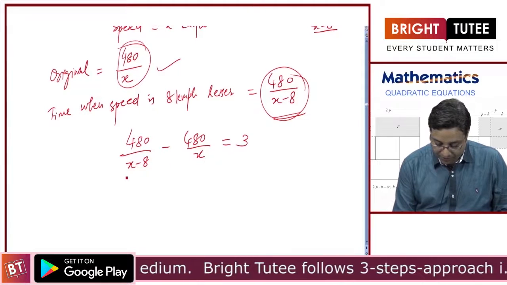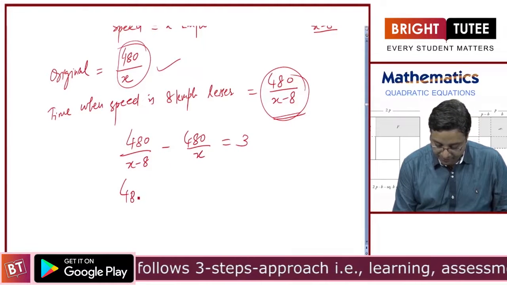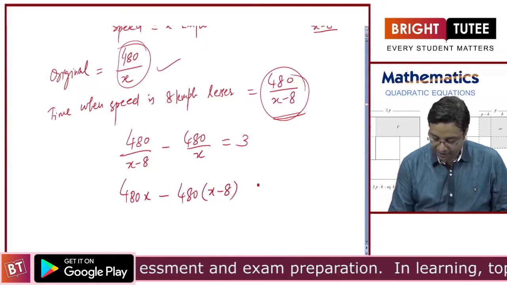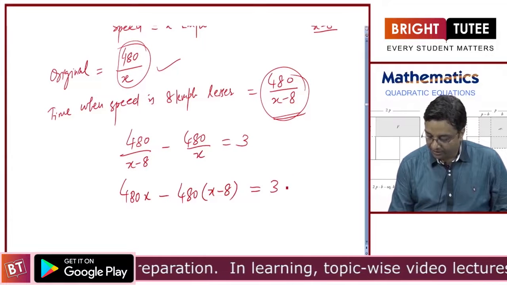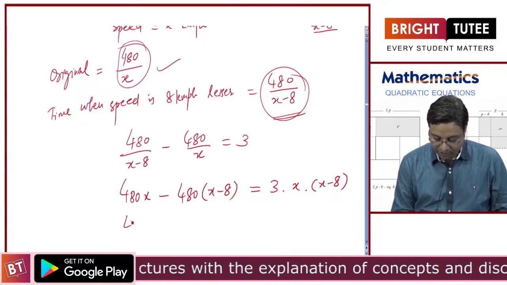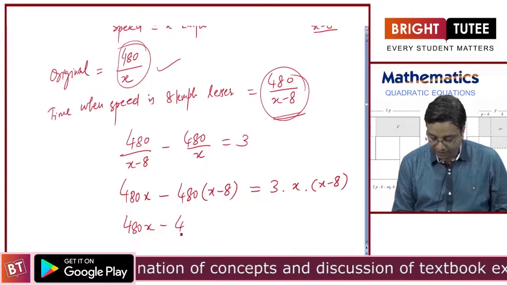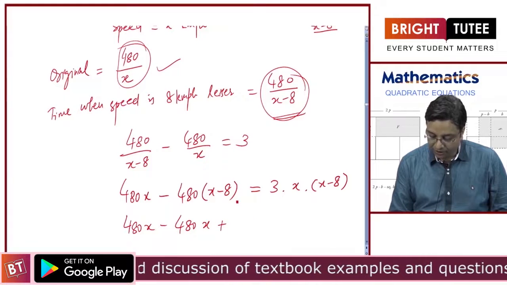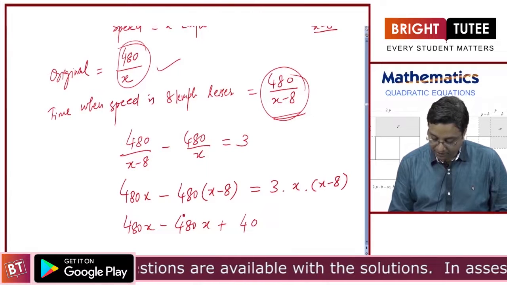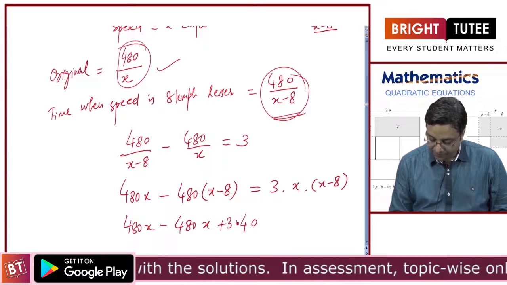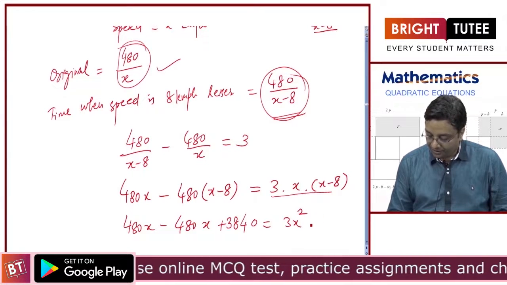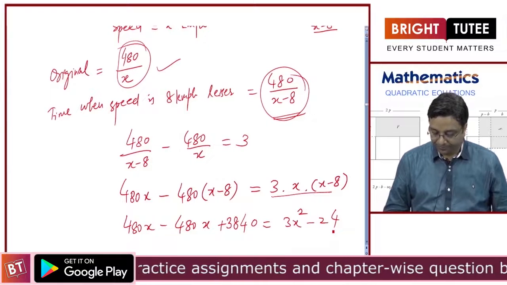So let's do it. 480x minus 480 into x minus 8. Then we can take the LCM on right hand side, which will give me 3 into x minus 8. So when I solve it, 480x minus 480x plus 480 into 8, what is it? 3840, which will be equal to 3x square minus 24x, right?